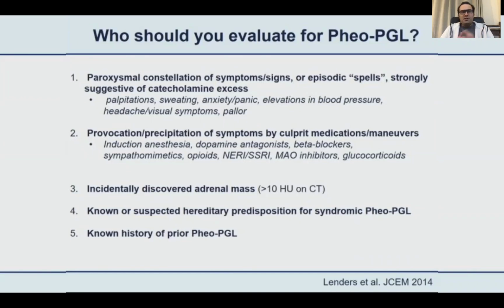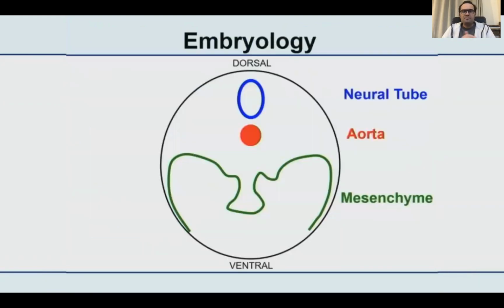Another group of patients are those with adrenal incidentaloma, incidentally discovered adrenal masses, especially when the Hounsfield units are more than 10 on CT scan. Also known or suspected hereditary predisposition, and someone who has a past history of pheo PGL.